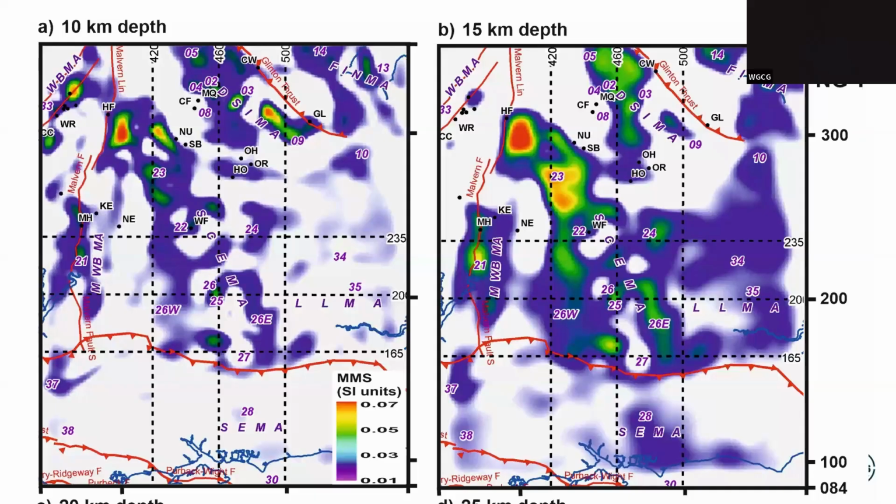So this is the results of our model, and basically it shows the magnetic susceptibility, that's the magnetic intensity, that the computer thinks is happening at any particular part of the model. Okay, so this is the highest magnetic susceptibility here, 0.7 units, and it ranges down to 0.01. Below that, we can't really distinguish it from background. So the variation here is not very great, but you can see that the red zones are the hottest part of the system, if you like.